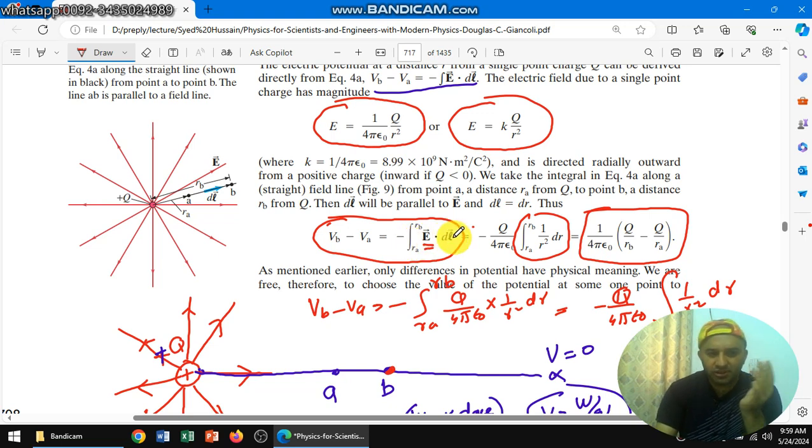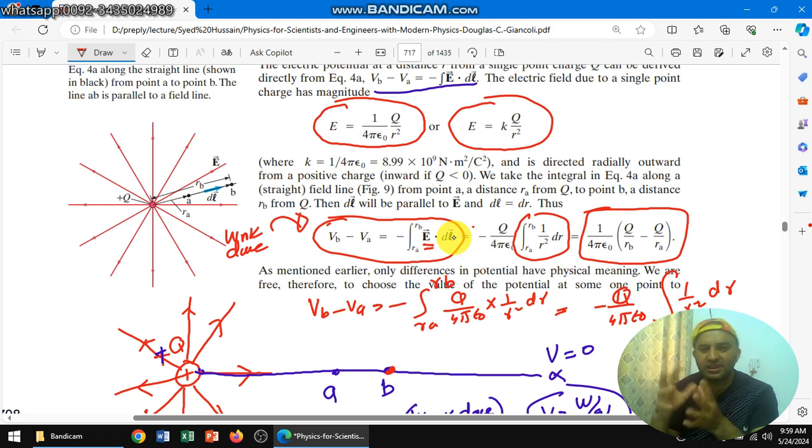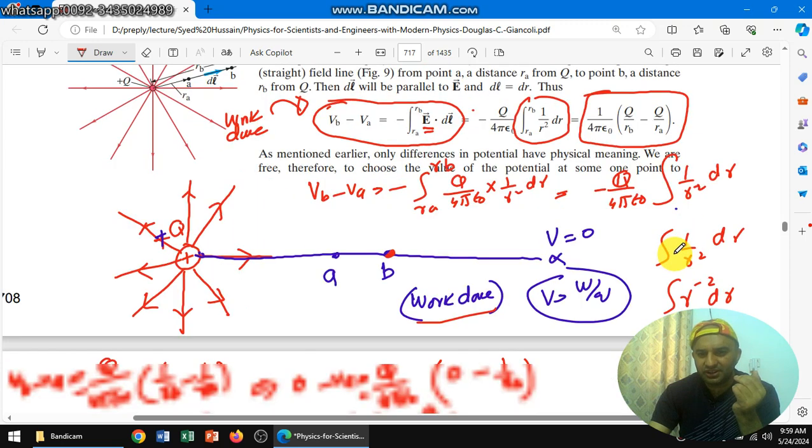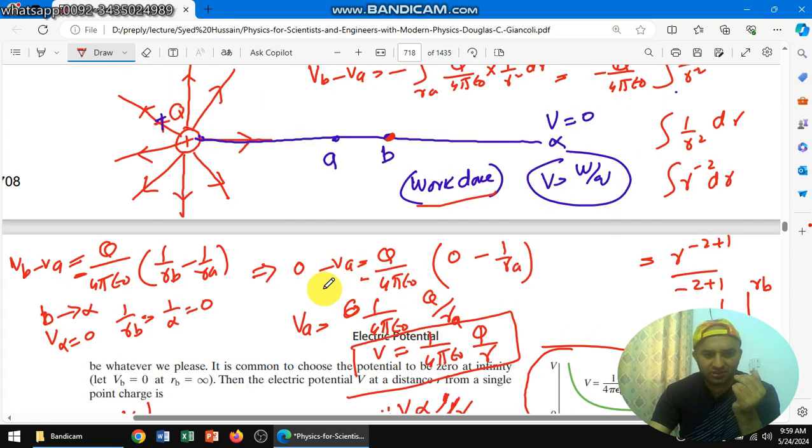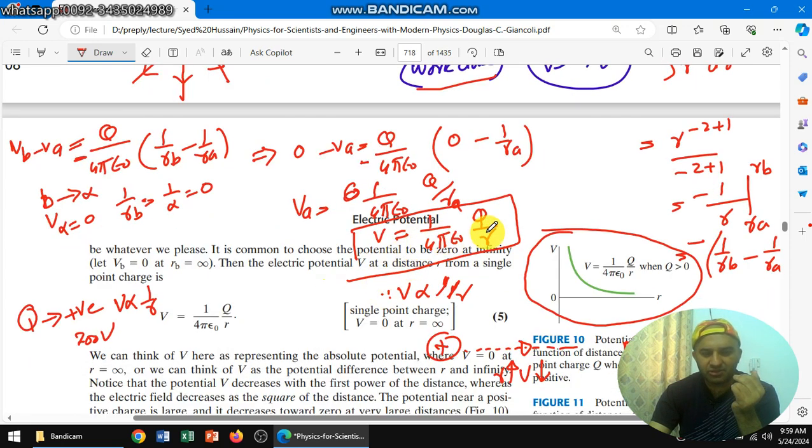This equation shows that the change of potential depends on the electric intensity and the length element, the dot product E dot dl. We know the value of E is 1 over 4 pi epsilon naught Q over R squared. We put this value in and integrate, and we get the potential V equal to 1 over 4 pi epsilon naught Q over R. This formula shows the potential.